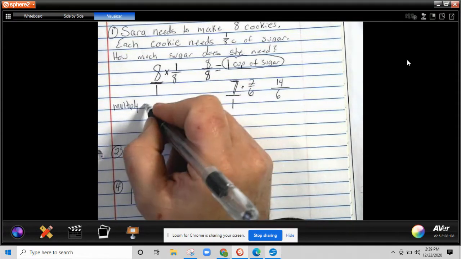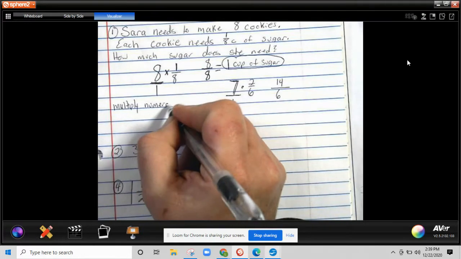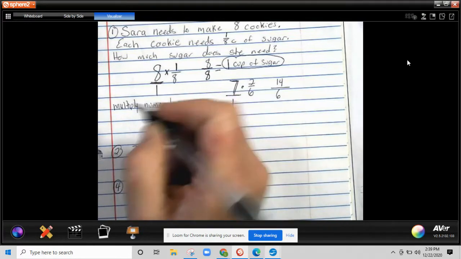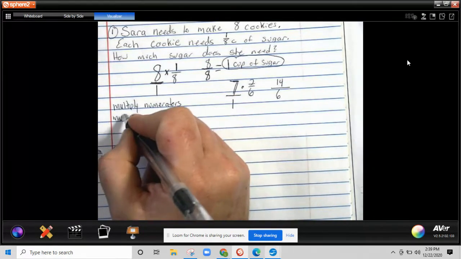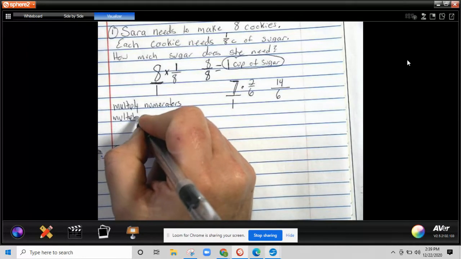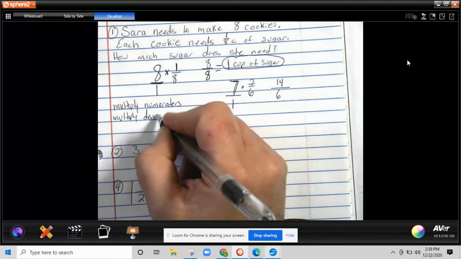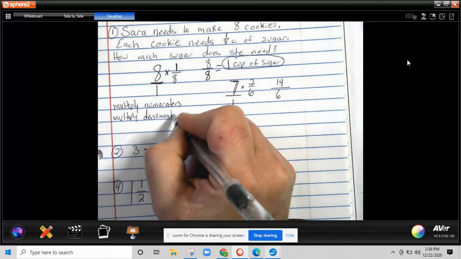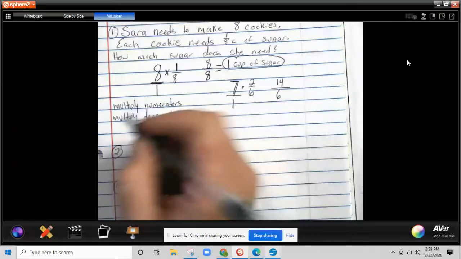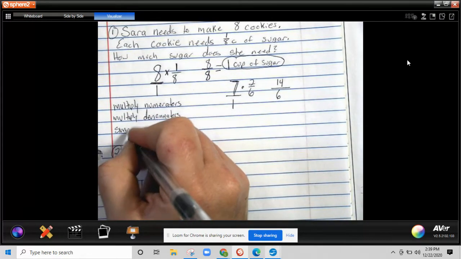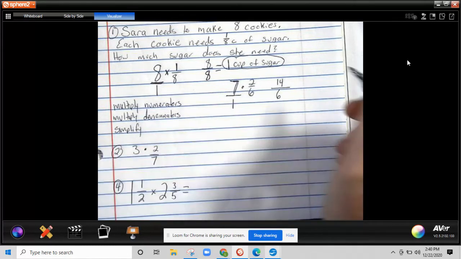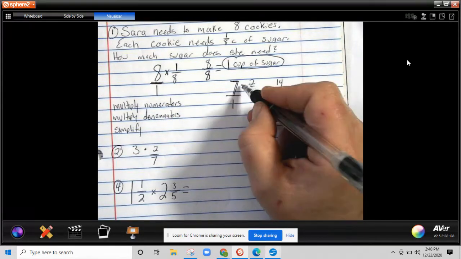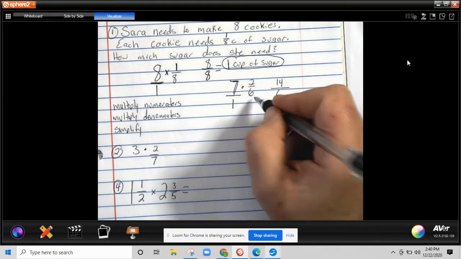So you will multiply your numerators. You will multiply your denominators. And then you will simplify. So I multiplied my numerators, multiplied my denominator.